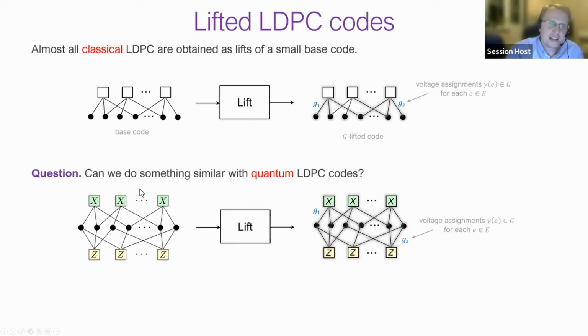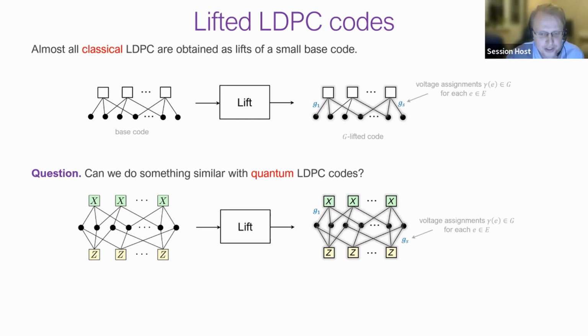Actually, our idea about lifted product codes was, can we also extend this idea to quantum codes? For example, assume we have a small quantum code. Can we lift it? Can we construct from a small tensor graph this large tensor graph? Can we assign these shift values and these group elements to the edges and obtain this larger graph?